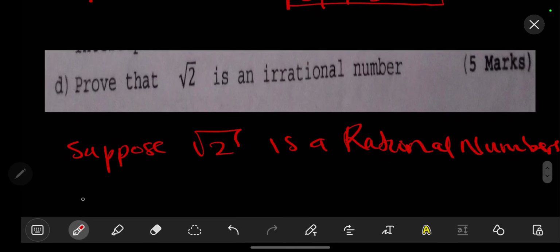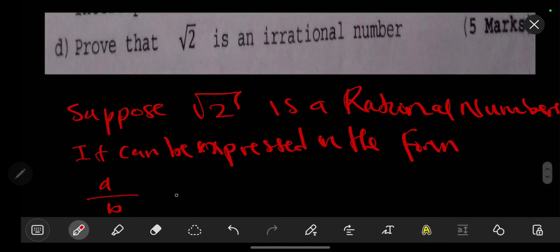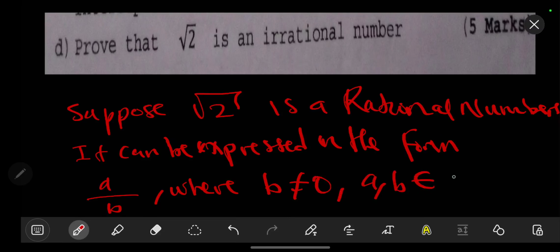That means it can be expressed in the form a over b, where b is not equal to 0, and also a and b are members of integers like that. So these statements, integers are just numbers, negatives and positives.